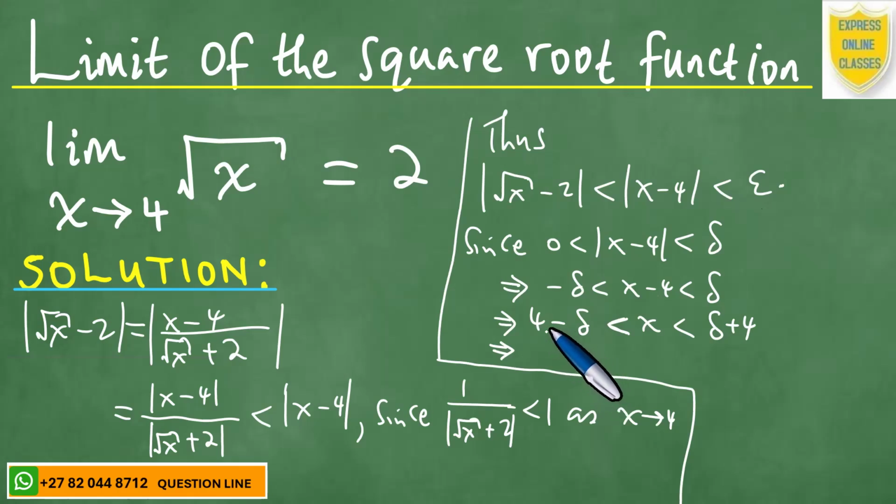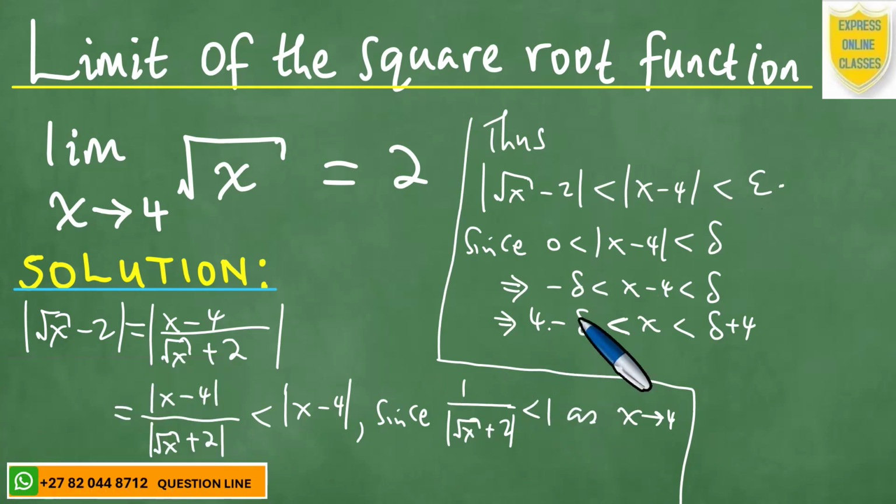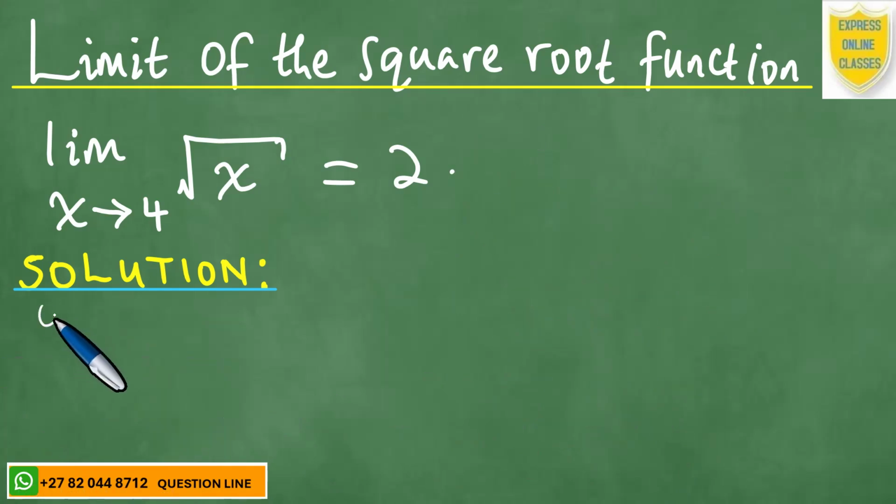So, from the previous step, we have 4 minus delta is less than x, which is less than delta plus 4.